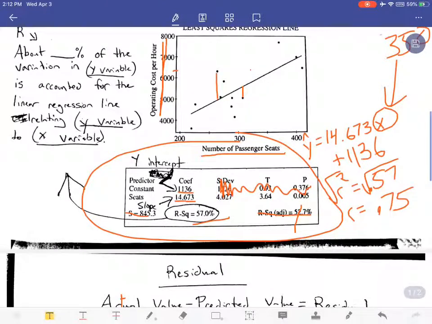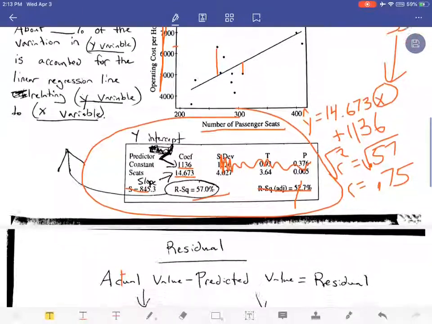Since our slope is 14.673, I say that for every seat that's added to the plane, because that's what x represents, so when x increases by 1, it means that we're adding a seat on the plane, we expect that the operating cost per hour is going to go up by $14.67. So that's how we interpret the slope.